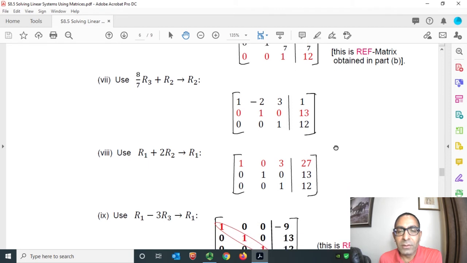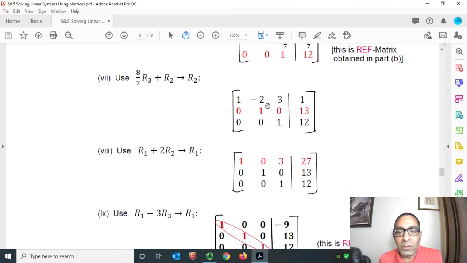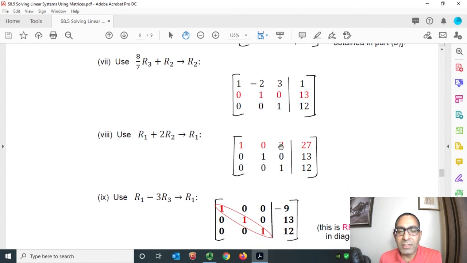Next, we want to make 0s at this entry here. Perform these operations, then again second row as it is, third row as it is, now the first row changes, now 0s here. So now next we want to make 0 at the place of entry 3 here.